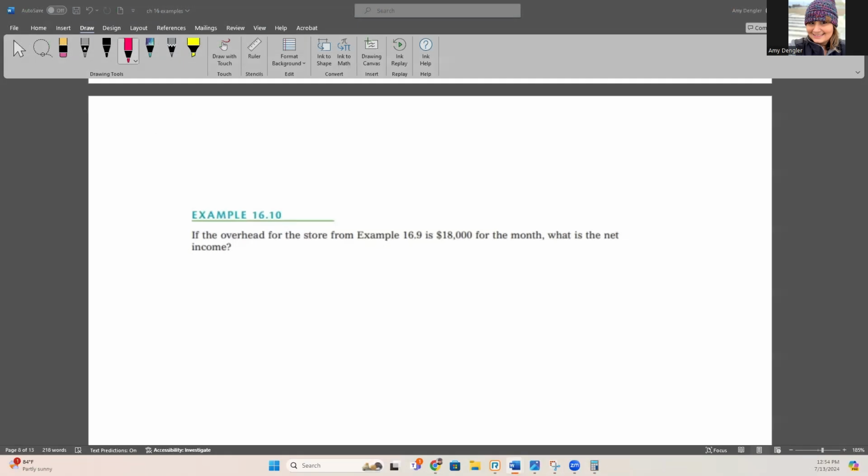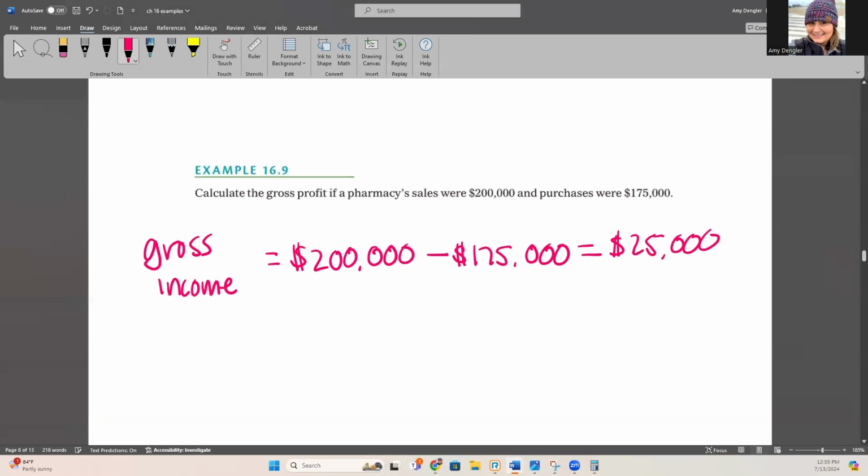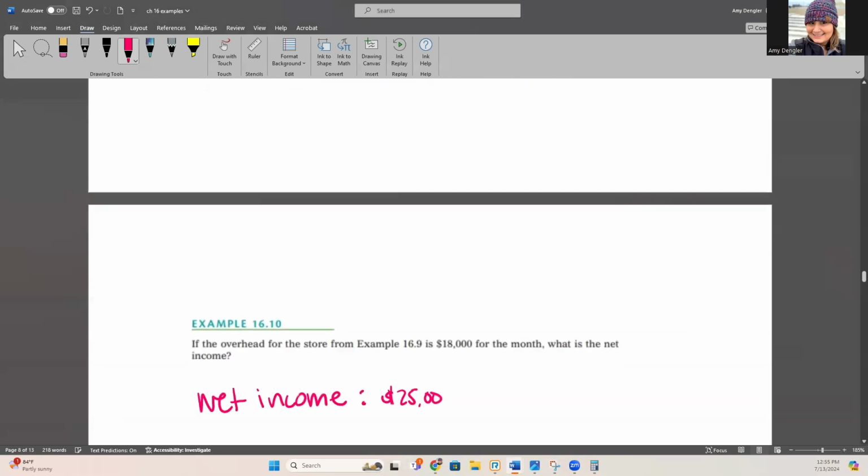Example 16.10, if the overhead for the store from example 16.9 was $18,000 for the month, what is the net income? So the net income, if you remember back to example 16.9 we just did a minute ago, $25,000 was the gross income.